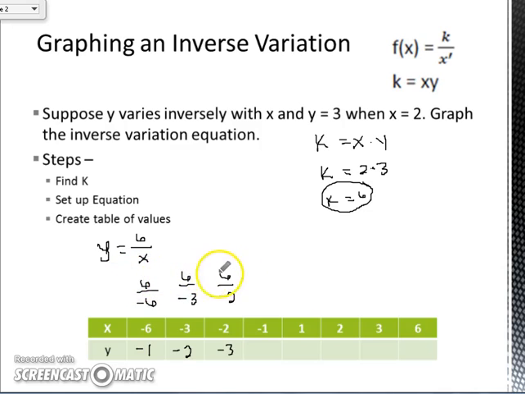Notice I'm using the same constant value, k, for this entire relation. 6 divided by negative 1, we get negative 6. 6 divided by 1 is 6. 6 divided by 2, we get 3. 6 divided by 3, we get 2. And 6 divided by 6, we get 1. So now we have our table of values. Each of these represents an ordered pair.